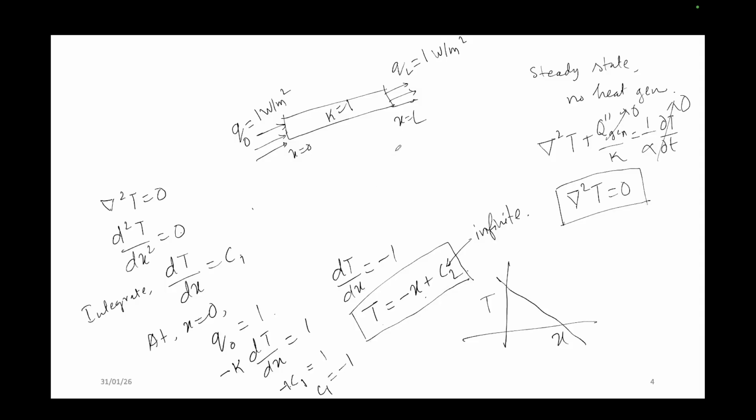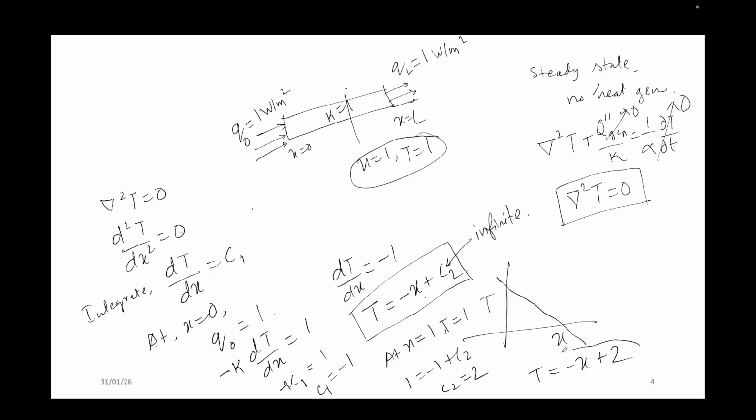But if a certain condition is given, say at x equal to 1, T equal to 1, then you can put at x is 1, T is 1. That means 1 equals minus 1 plus C2. So C2 is 2 in that case. So you will get T equals minus x plus 2, right?